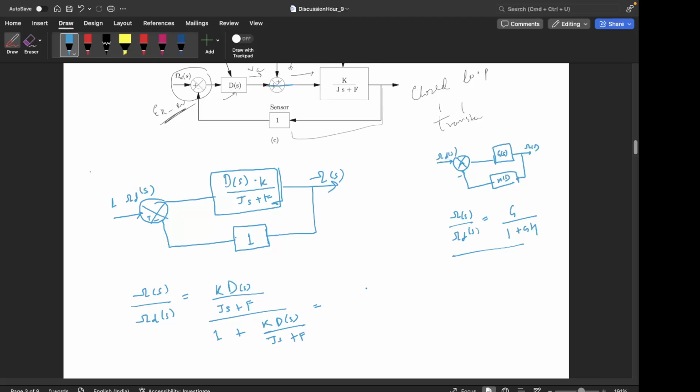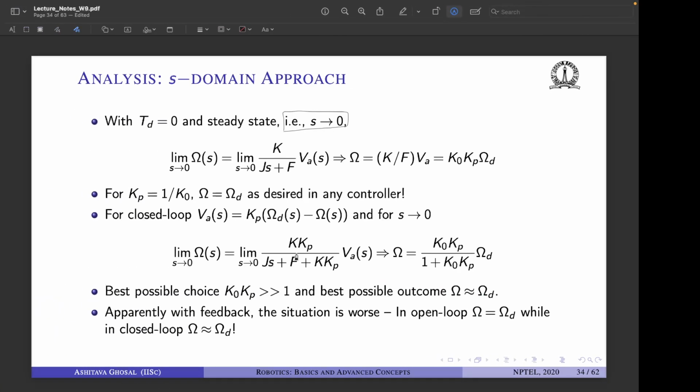So this becomes KDS by KDS plus JS plus F. And our control DS is what we are finding out like this.